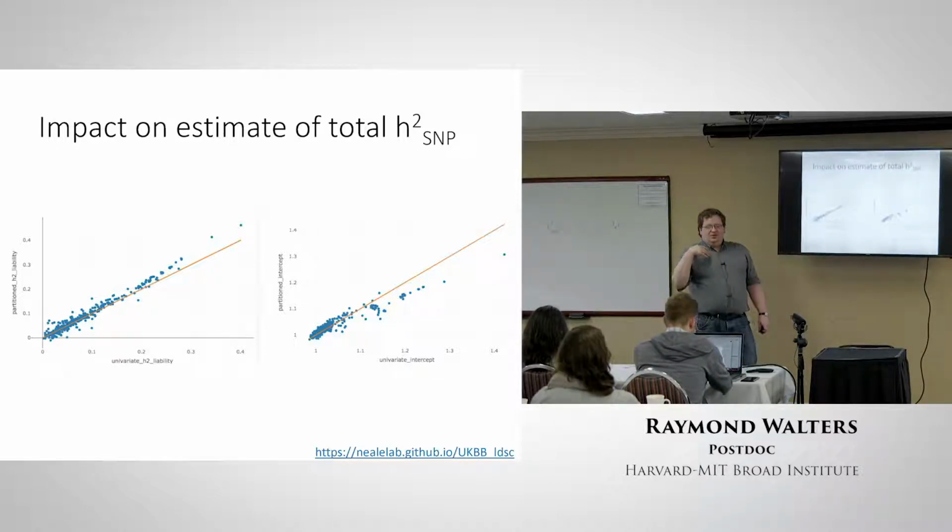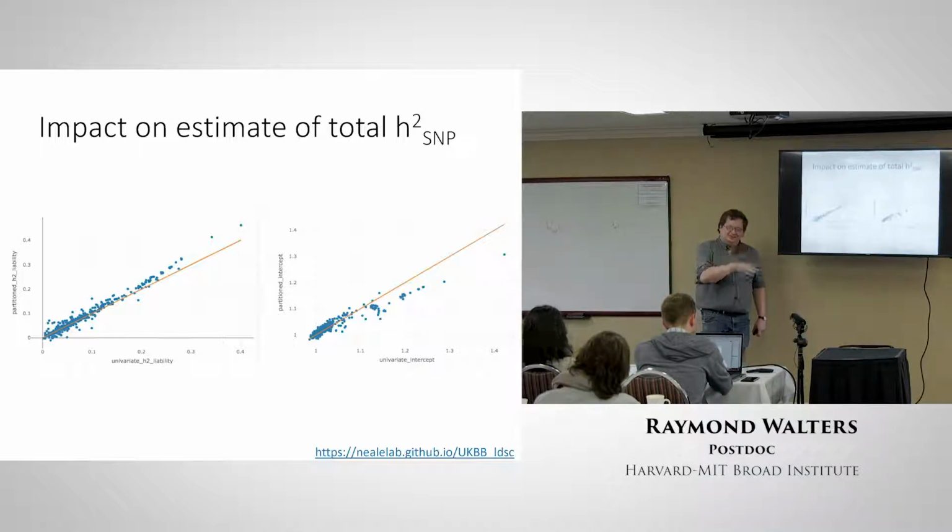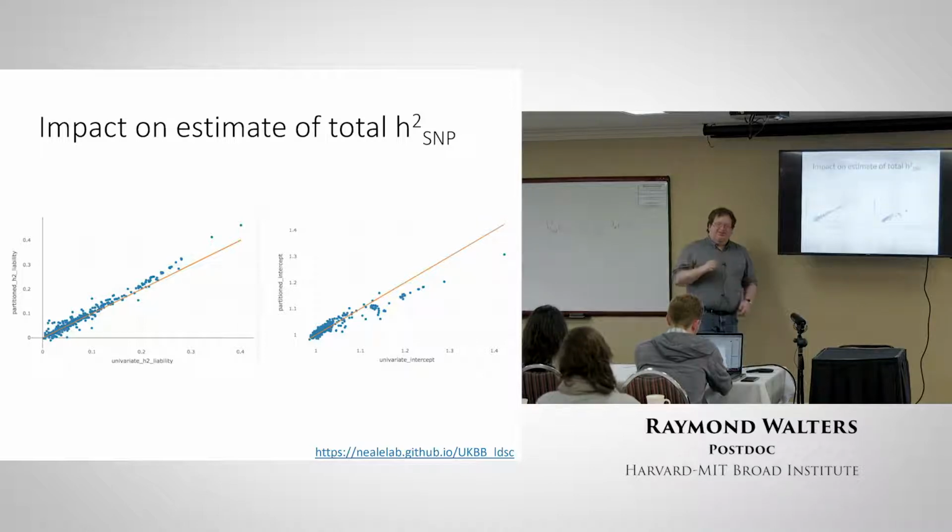So there's not going to be as much correlation between those LD scores and the GWAS results, and thus the remaining inflation in the chi-square statistics that we haven't modeled, which may still be polygenic effects but doesn't track with that single LD score, will have gone into our intercept and will perhaps be modeled out a little bit by doing the partitioning.